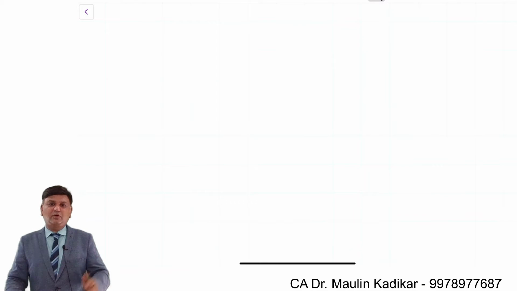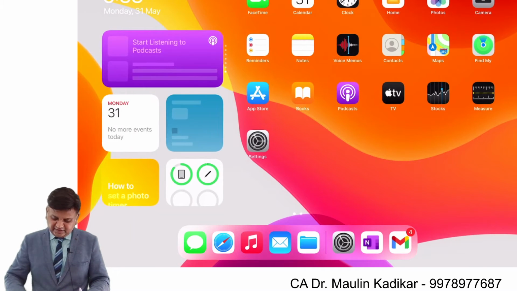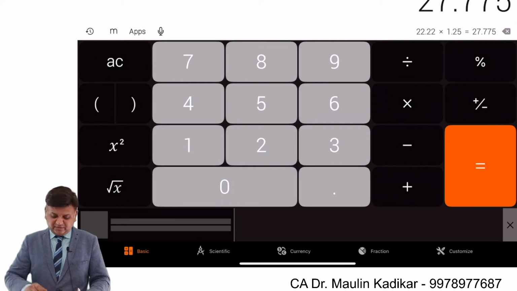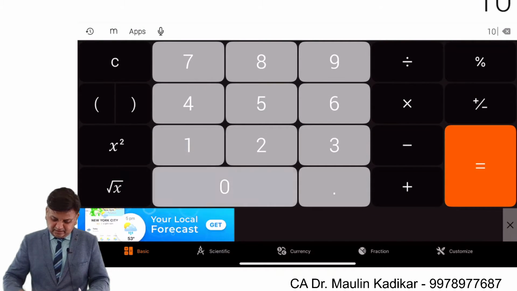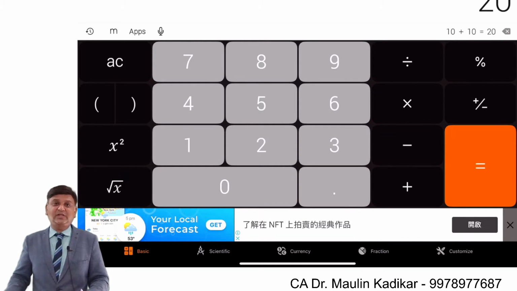Now friends, when I go to buy a calculator, what is the first thing that I do? The very first thing I do is 10 plus 10 is equal to. I know that the answer is 20 and I would like to verify whether it is functioning properly or not. I will not do 66 square.